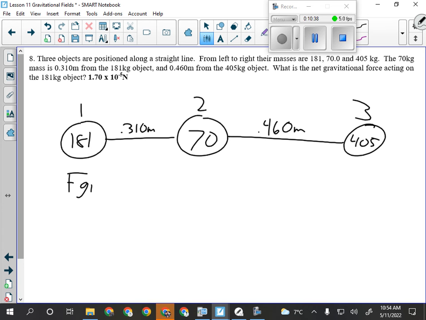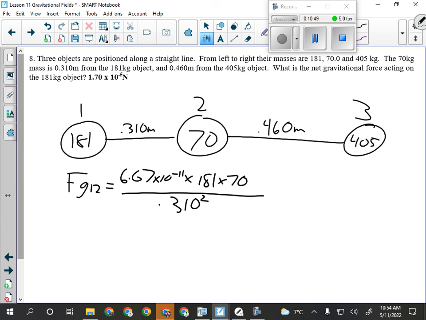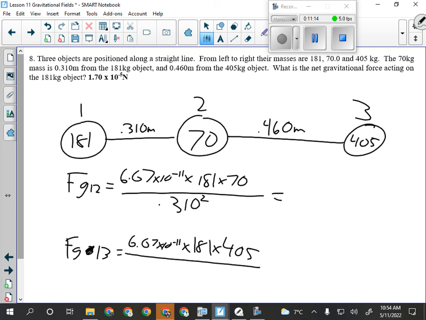So the force of gravity between 1 and 2 will be 6.67 times 10 to the minus 11 times 181 times 70 divided by 0.310 squared, and the force of gravity between 1 and 3 will be 6.67 times 10 to the minus 11 times 181 times 405 divided by 0.770, is that the radius there?